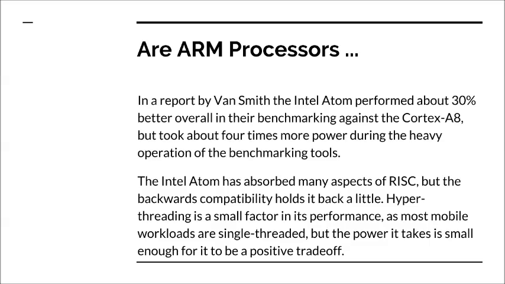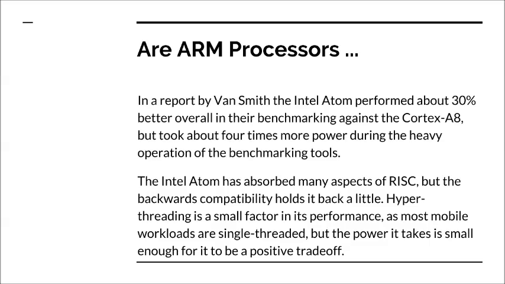And the one thing the Intel Atom had going for it was hyperthreading, and you see that in all of the x86 processors in phones moving forward, because hyperthreading is actually a very power efficient way. It doesn't take that much power to include it to boost the performance of the processor.